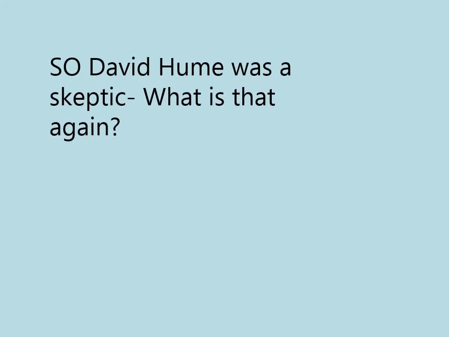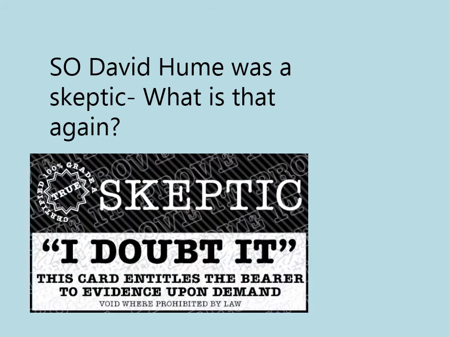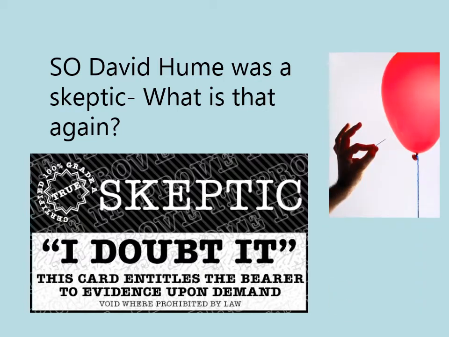So David Hume, once again, is a skeptic. If you've forgotten what a skeptic is, someone who just says, I doubt it. They do not believe in everything. Now, a skeptic can be looked upon in a couple different ways. Some people see a skeptic as someone going around with a pin, poking holes in everybody else's reasons.